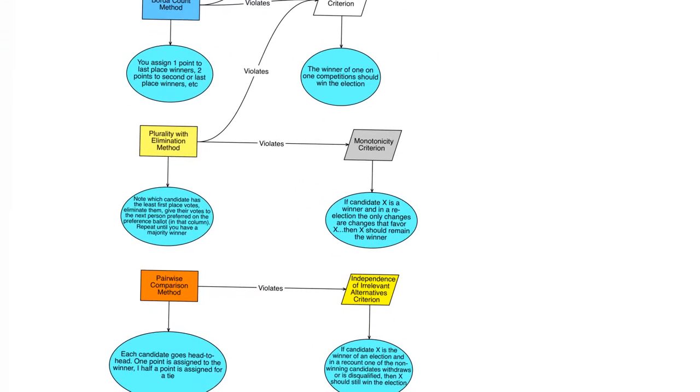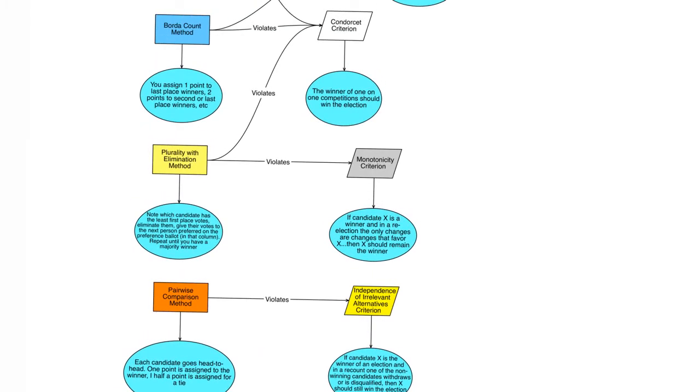So the plurality with elimination method can violate the Condorcet criterion, and it can also violate the monotonicity criterion, which says that if candidate X is the winner and in a re-election the only changes are changes that favor X, then X should remain the winner. Okay, so that is the plurality with elimination method.